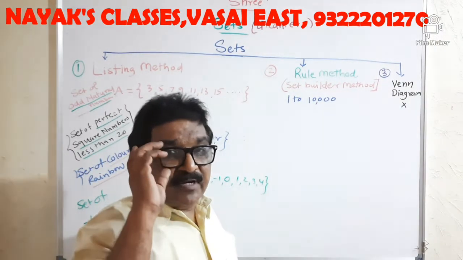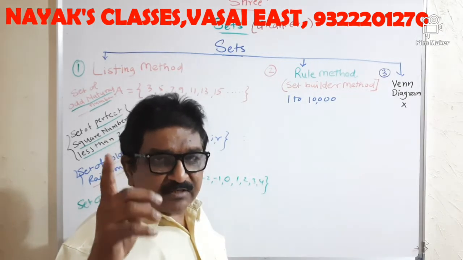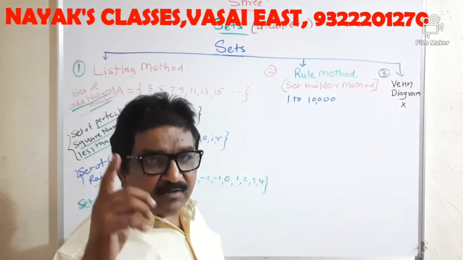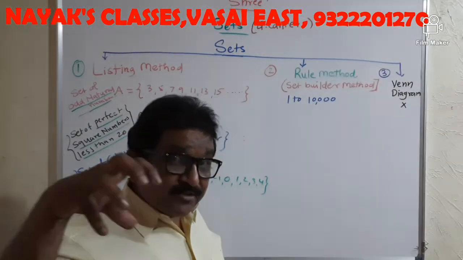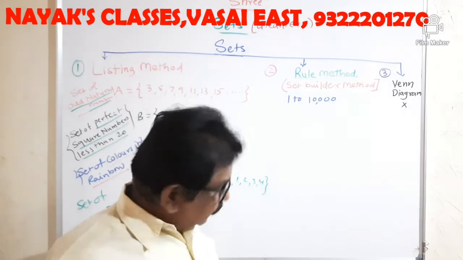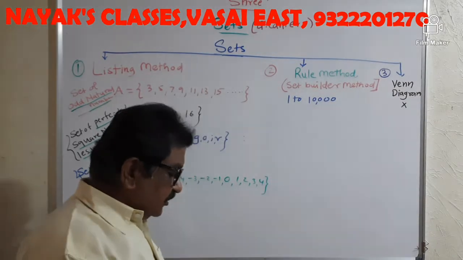In one example, you would have to write 1, 2, 3, 4, 5, and so on up to 10,000, you have to list. Is it possible? No. So at that time we have to use the rule.